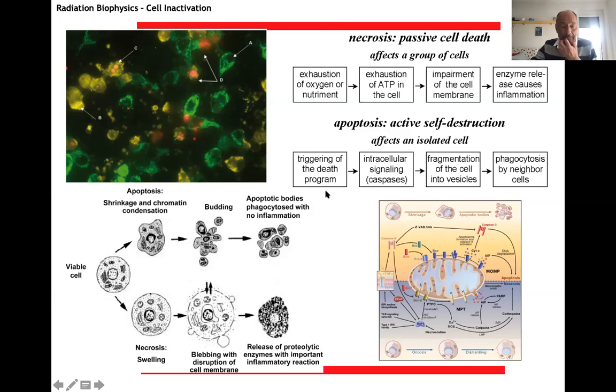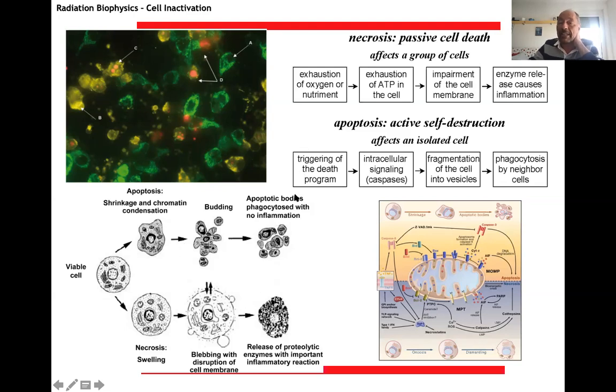Apoptosis instead, you see it here, you see viable cells that go in this direction into apoptosis, and in this direction into necrosis. And you see here some examples of cells going into apoptosis or necrosis.